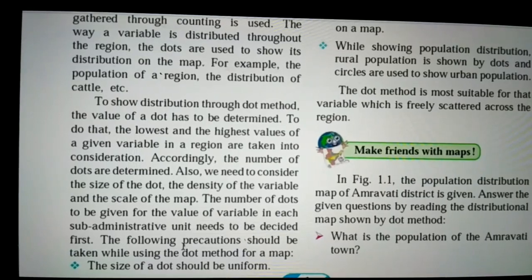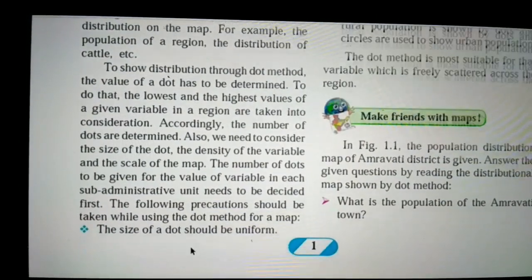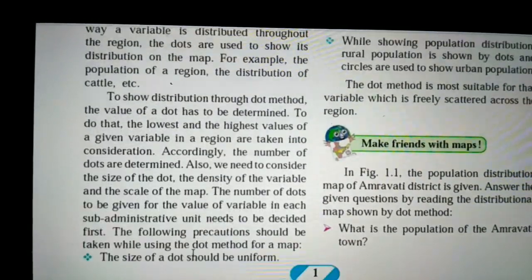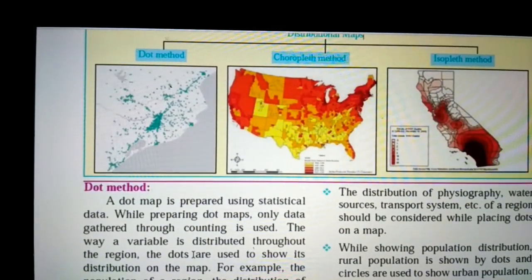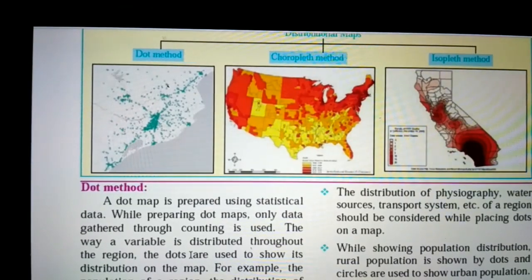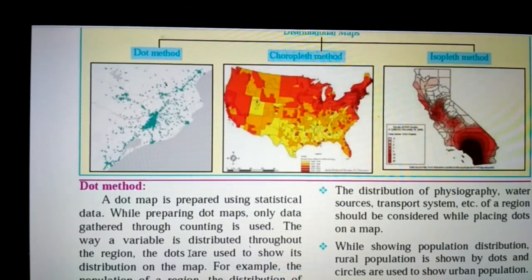To show distribution through the dot method, the value of a dot has to be determined. To do that, the lowest and the highest value of a given variable in a region are taken into consideration. Accordingly, the number of dots is determined.